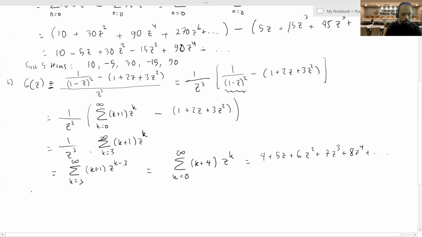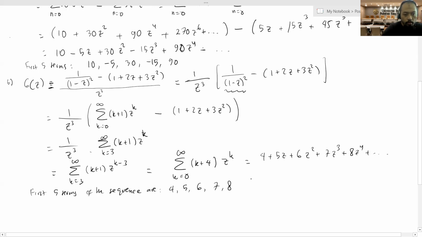So the first 5 terms of the sequence are 4, 5, 6, 7, and 8. That'll be it for part B.